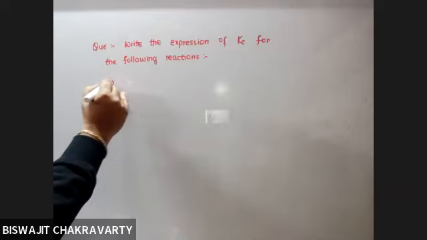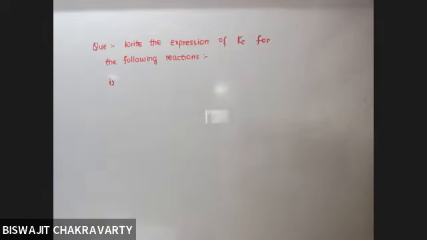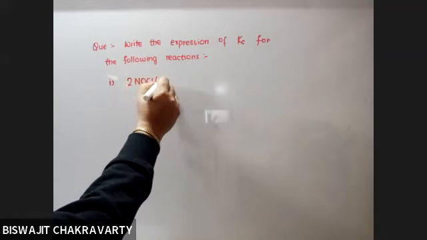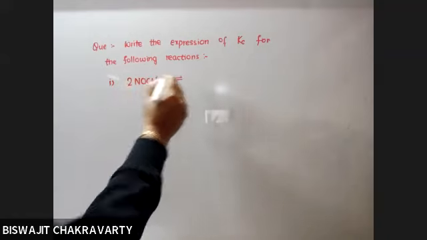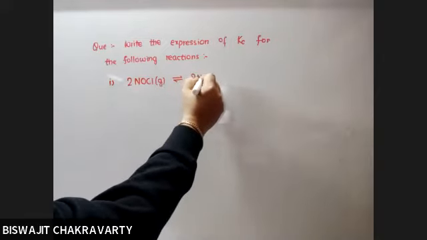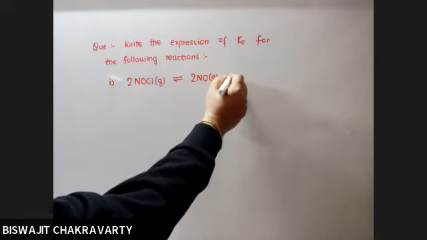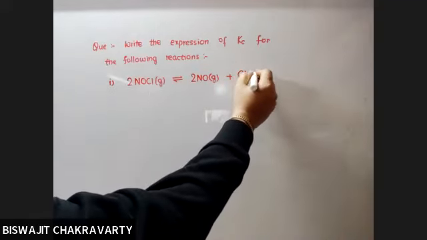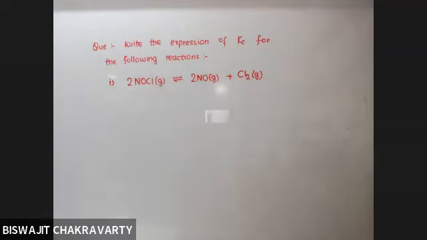Number 1, 2NOCl gas, reversible, 2NO gas plus Cl2 gas. Here all are gaseous, and when we write the Kc expression, gases should be considered as I told you.